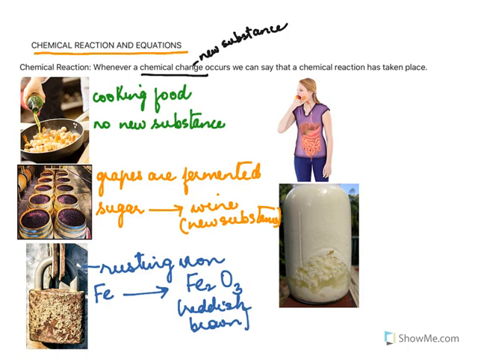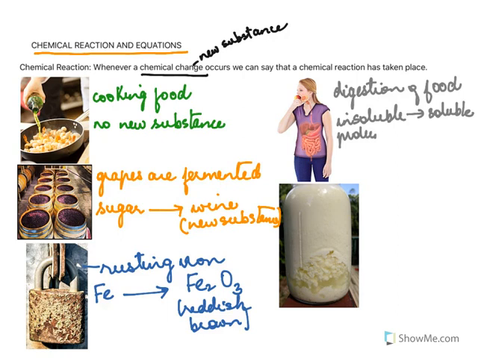In the fourth picture, you can see this lady eating an apple which is going to get digested, and digestion of food is also a chemical change because in digestion the insoluble food changes to soluble food. Like we've seen, the proteins change to amino acids. We have learned this in nutrition.